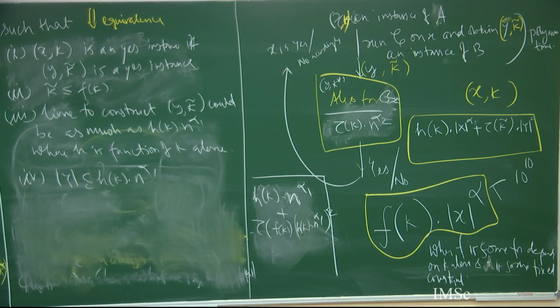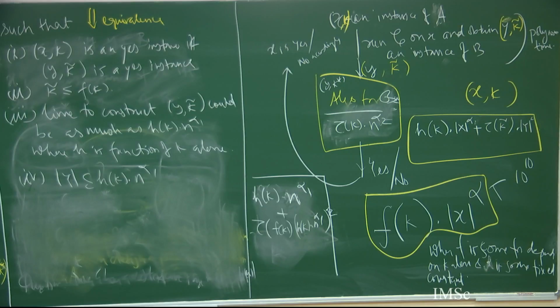Please ask. When you were saying in the reduction, instead of n, we can have something like h(k) times n to the power alpha 1. If we take some other n, it will be part of the k, the parameter also. So then what do you mean by FPT in that?